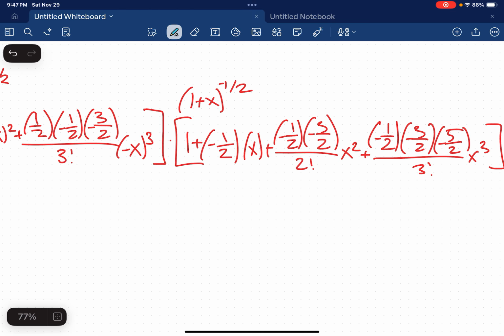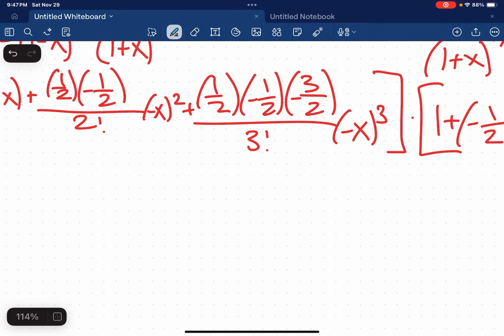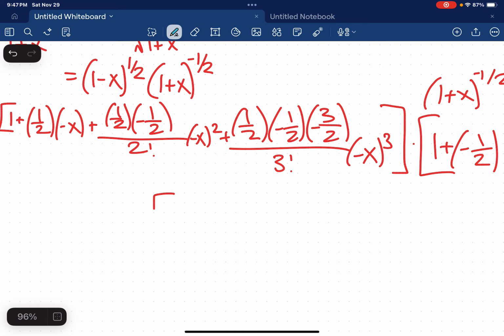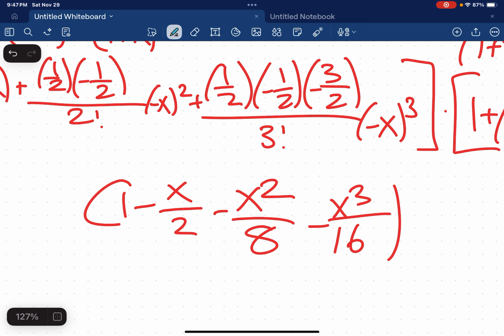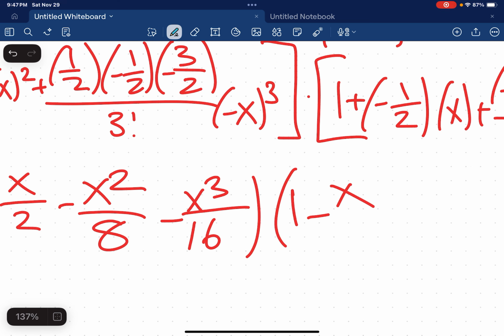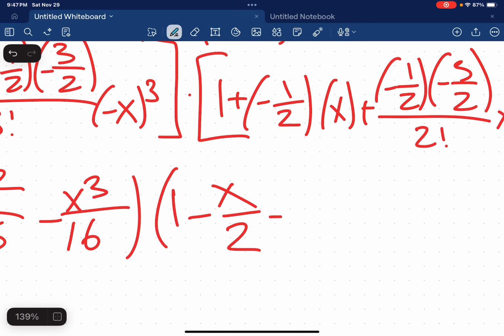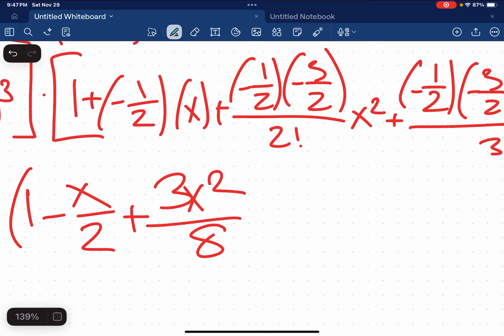Okay, and then y'all are just gonna have to believe me on this, but this is going to be equal to 1 minus x divided by 2 minus x squared divided by 8 minus x cubed divided by 16 times 1 minus x divided by 2 plus 3x squared divided by 8 minus 5x cubed divided by 16.